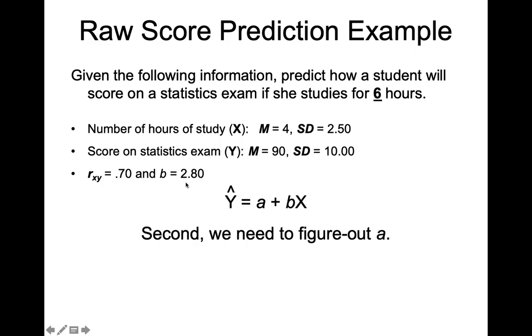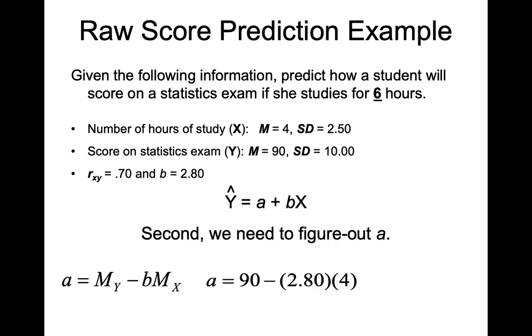The next thing, now that we've got B, is we can use that to figure out A. We'll do that using the formula that I previously described. Really, it's just a matter of substituting in values. Here's our regression coefficient that we just determined, and we've got our mean of y, which is 90, which I pulled from here.